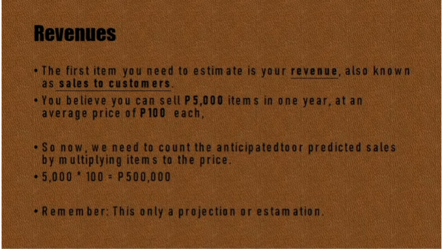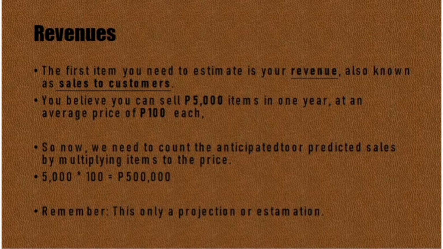Revenues. The first item you need to estimate is your revenue, also known as sales to customers. You believe you can sell 5,000 items in 1 year at an average price of 100 pesos each.